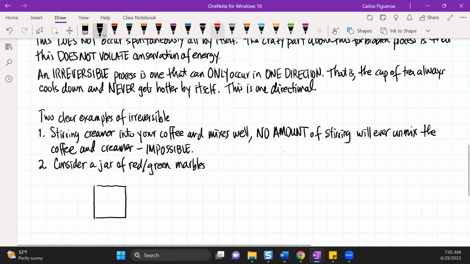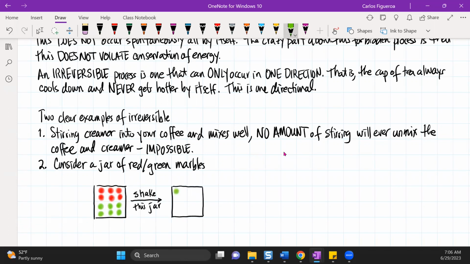And what I'm going to do is separate the red marbles from the green marbles. And now I'm going to shake this jar. And so what happens here is that they get mixed up.